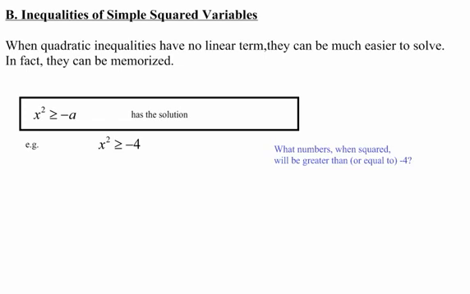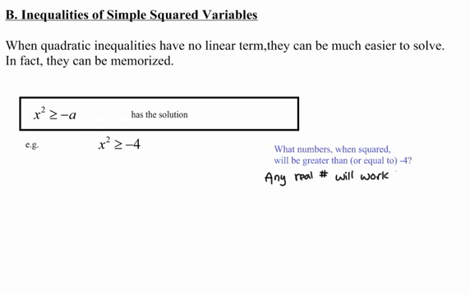Let's go through an example first. When is x squared greater than or equal to negative 4? Think about it. What numbers when squared will be greater than or equal to negative 4? Really, any real number will work here.